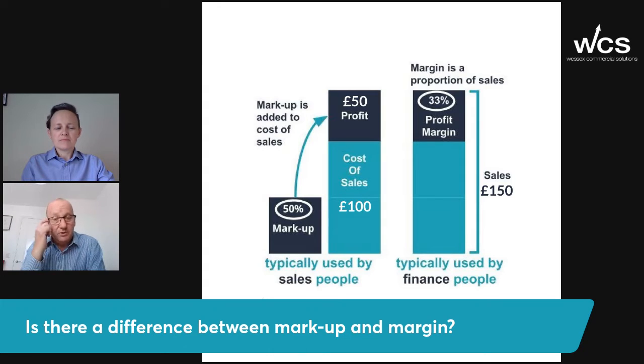So in the example, your cost is £100 and your sales are £150. So the markup percentage is 50 over 100, which is 50%. And your gross profit percentage from a financial point of view is 33%, which is the £50 divided by the 150. So it's over sales.